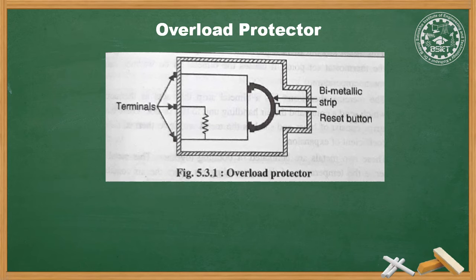If the switch is of the automatic reset type, the circuit will remain open until the temperature drops and the contacts close again. In some, a reset button is provided which is pushed by the operator before starting the unit. The overload protector is basically used for safety when the current increases, so that the heating coil is not burned and does not cause damage to the system.